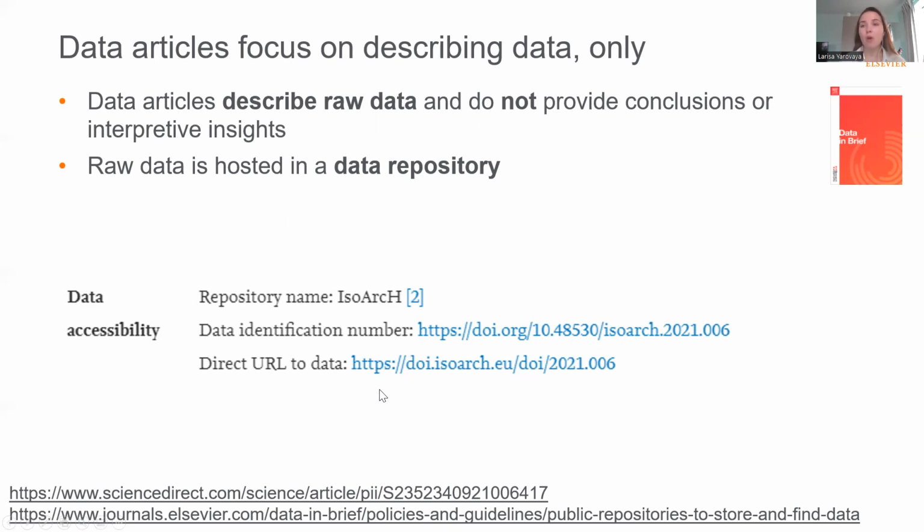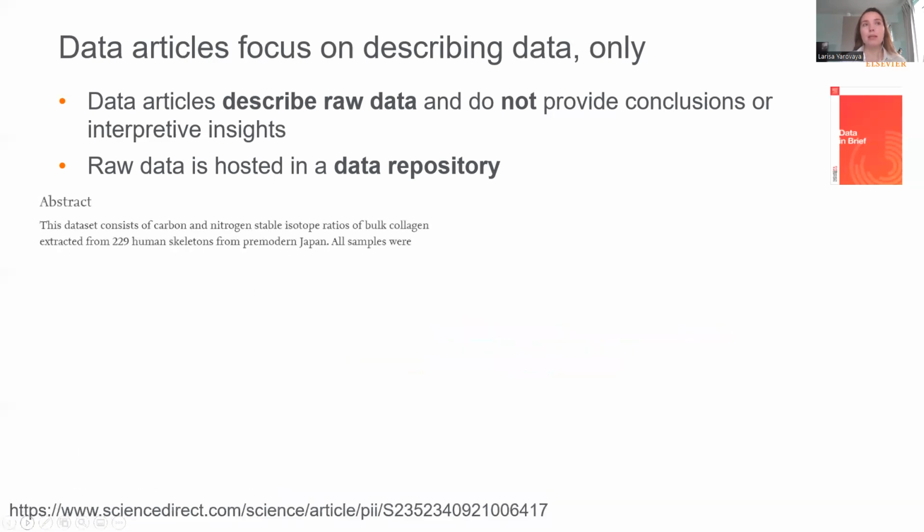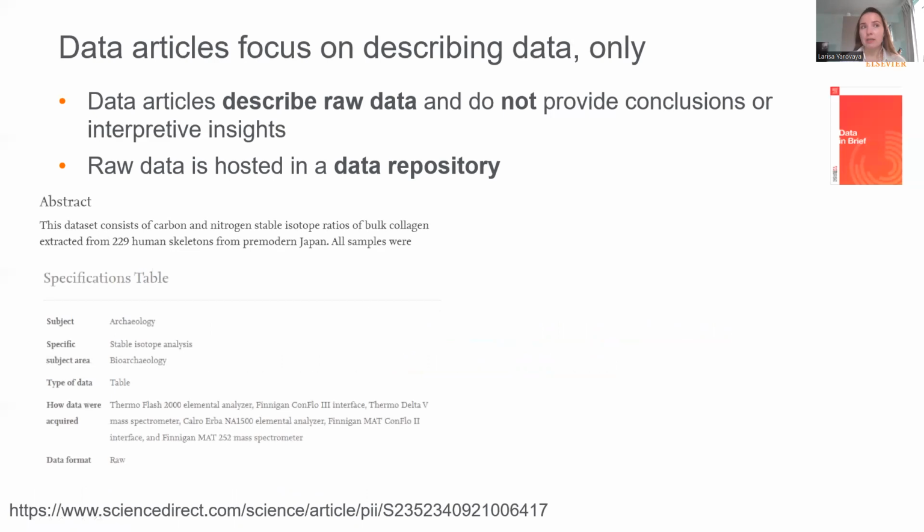And therefore, our authors are quite interested in publishing data articles because it's a great way to increase citations of your main paper and to maximize the impact of your research. So typically, a data article comprises an abstract, which is a short description of the data.